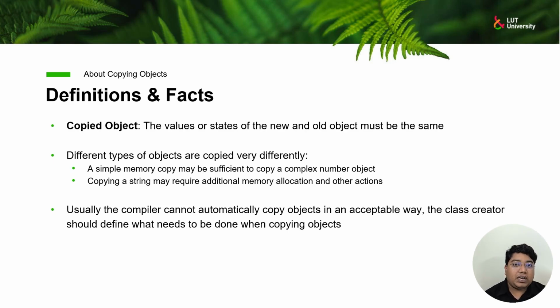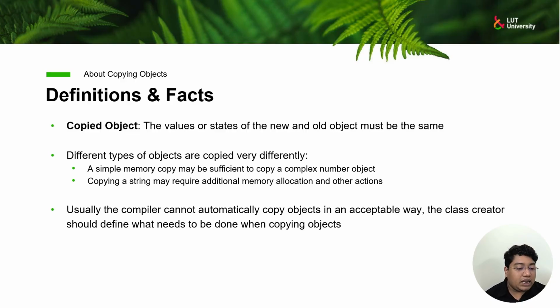For a small mathematical object, like a complex number, copying may be nothing more than copying a couple of numbers. For a string class, things are more complicated. The object may need to allocate new memory and duplicate the characters stored there.